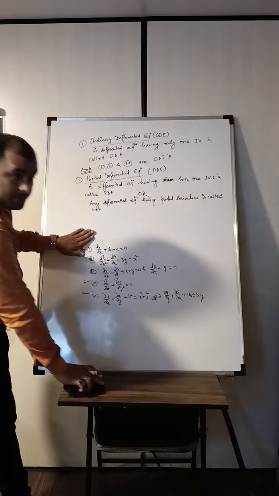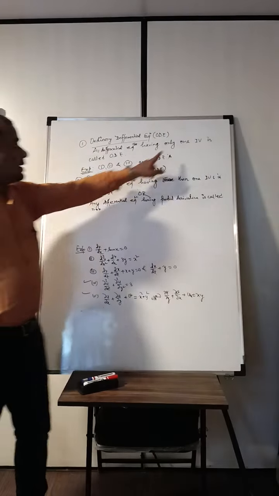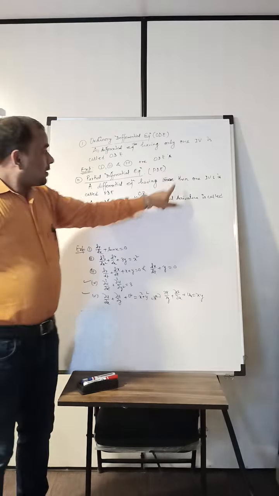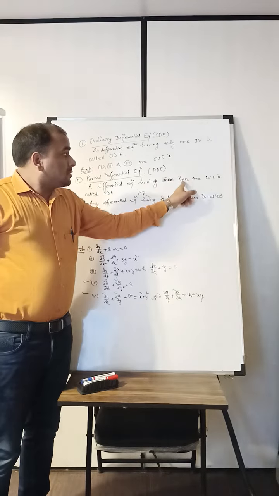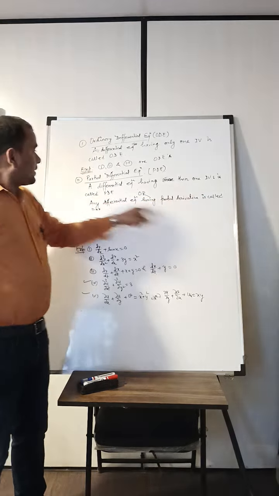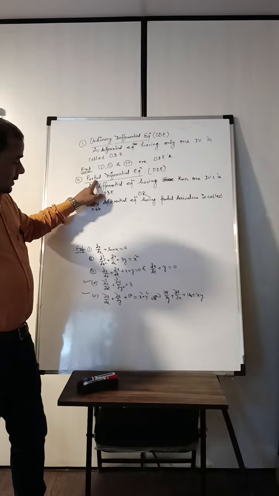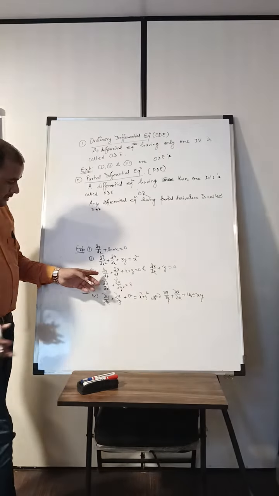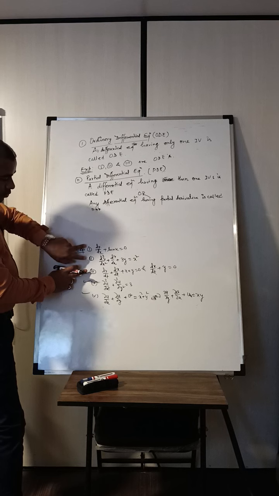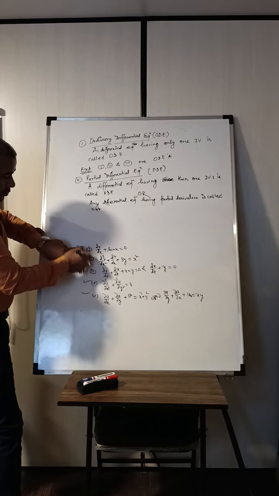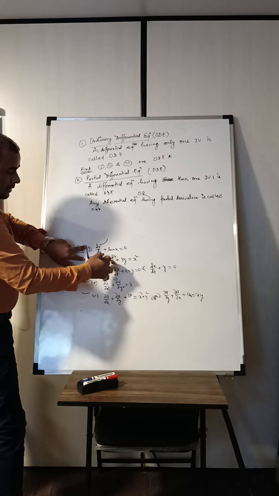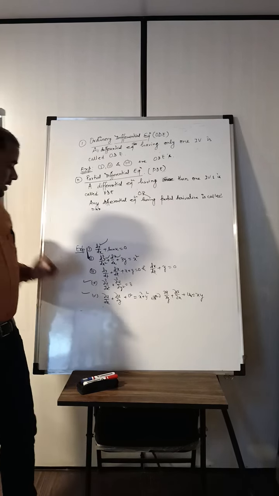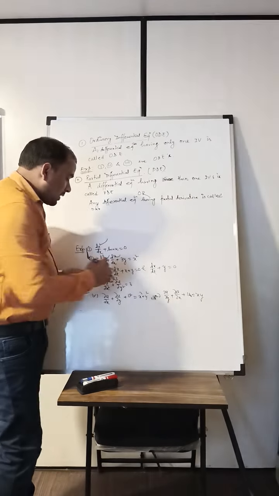On the basis of the number of independent variables, here the independent variable is 1, so it is ordinary. Here the number of independent variables is more than 1, so it is a partial differential equation. What about dependent variables? See the difference between equations 1, 2 and 3. 1 and 2 have only one dependent variable, that is y. But 3 has two dependent variables, x and y.